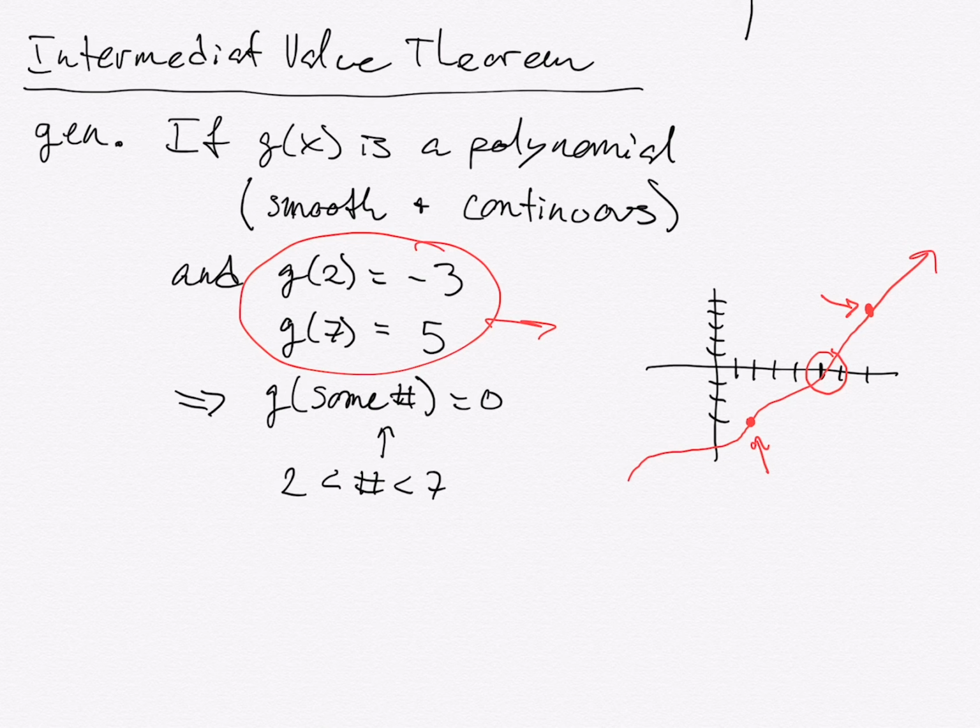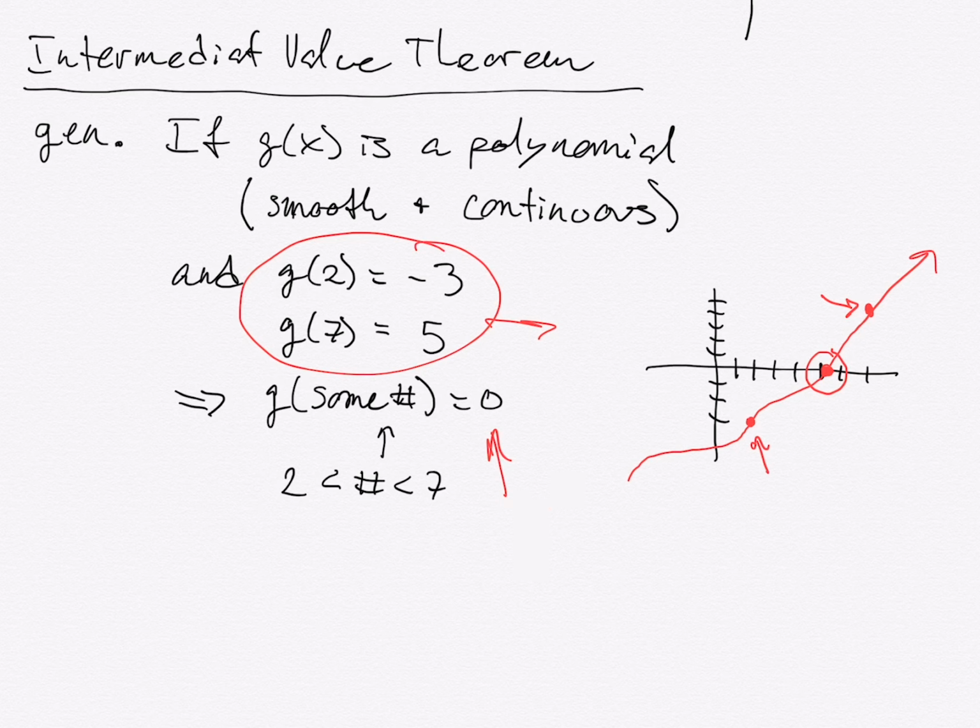And that crossing is happening at a point that has some x value, and at that point the y value is 0. So it works. The intermediate value theorem is true.